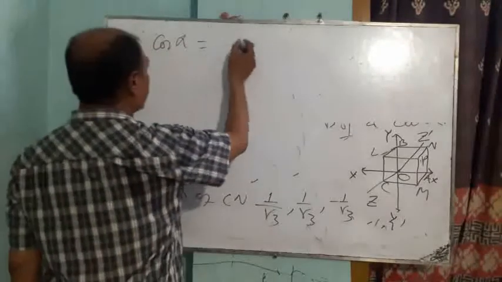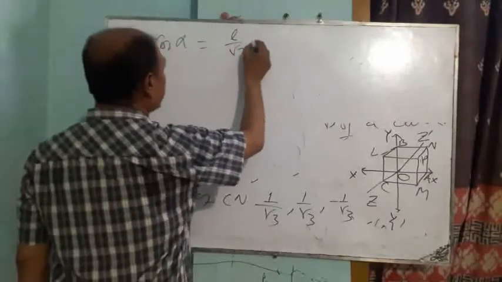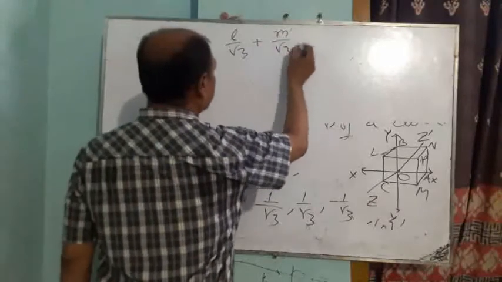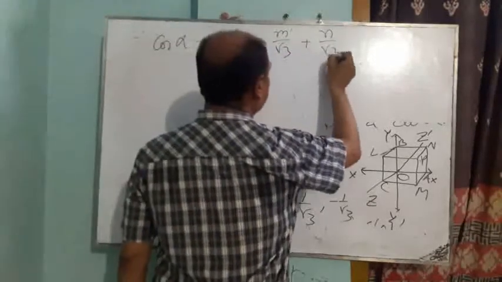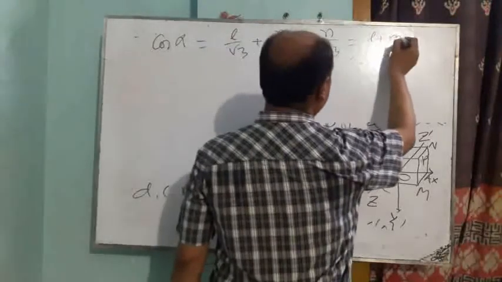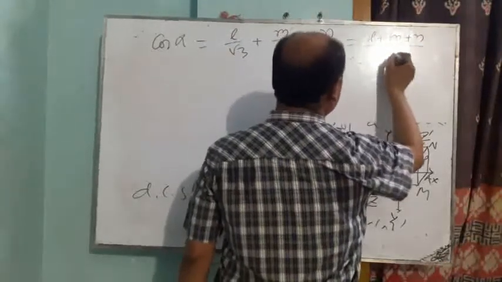Now we can write cos alpha equal to L by root 3 plus M by root 3 plus N by root 3 equal to L plus M plus N by root 3.